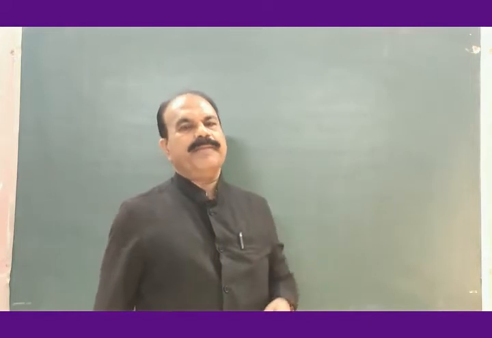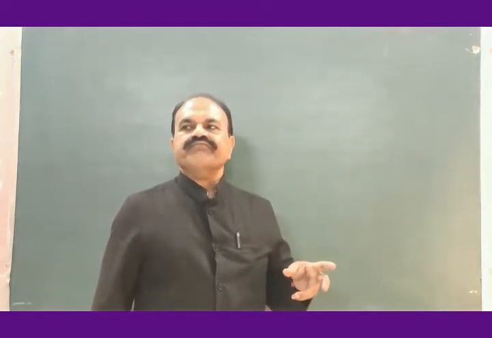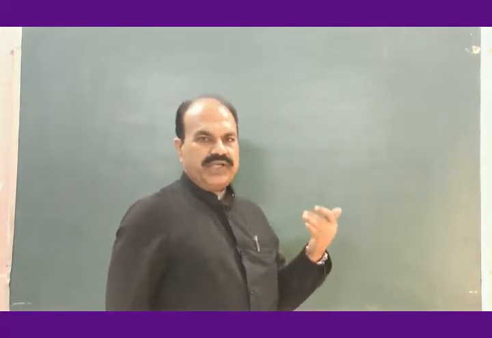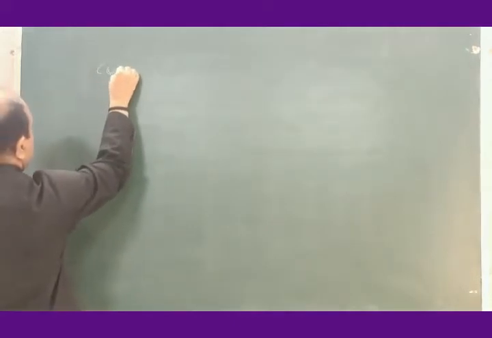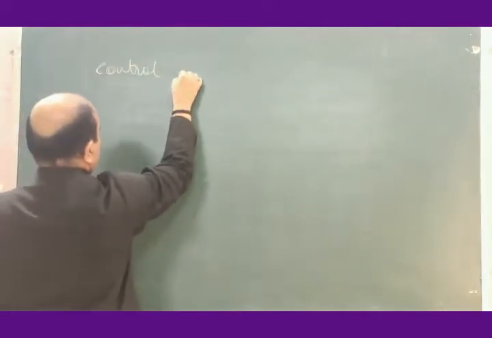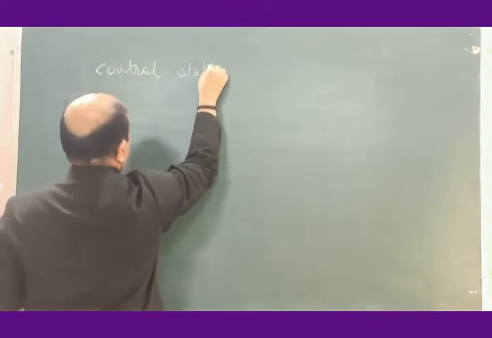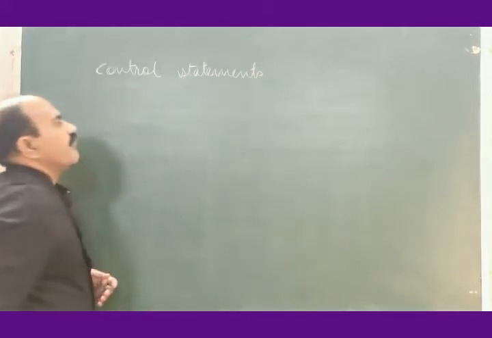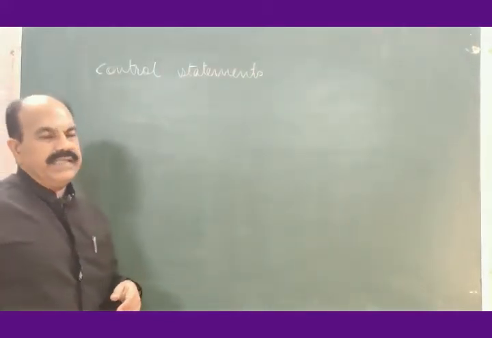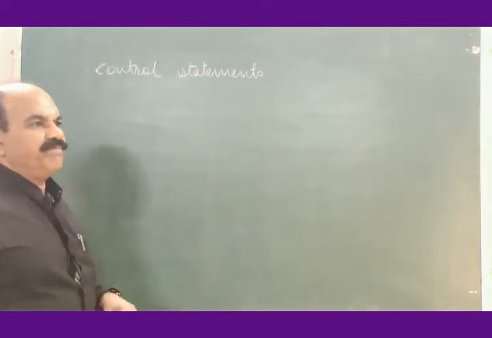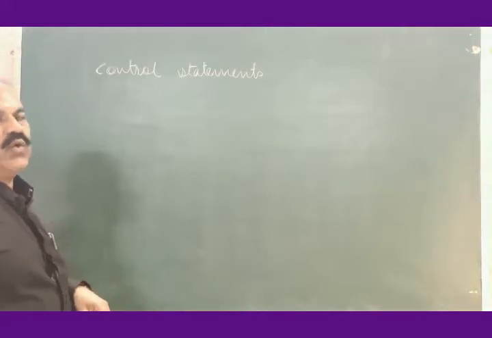This chapter is much bigger, so it may take some time. So let us move to the last chapter, control statements. And the first article from this chapter is the unconditional go-to statement.